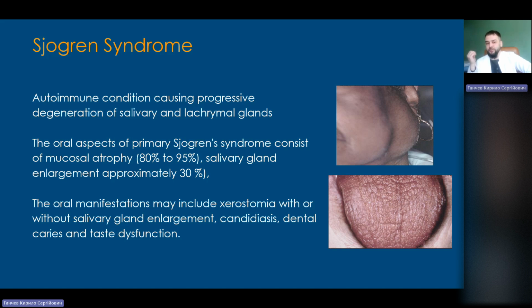It's called xerostomia from the ancient Greek xeros, which means dry, and stoma, which means oral cavity, with or without salivary gland enlargement. Also candidiasis, dental caries and taste dysfunction. That's all the manifestation that your patient could tell you if he or she has Sjogren. Maybe it's Sjogren.